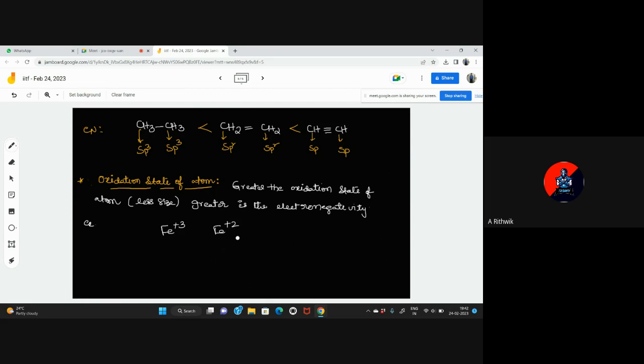In general, greater the oxidation state, greater is the electronegativity. Greater oxidation state means size should be less, and as the size of the atom is less, it can easily attract the electron. So if the oxidation state is more, the electronegativity is also more.